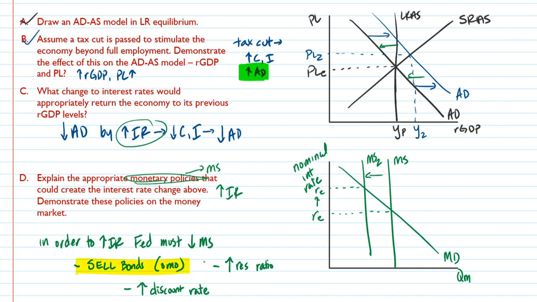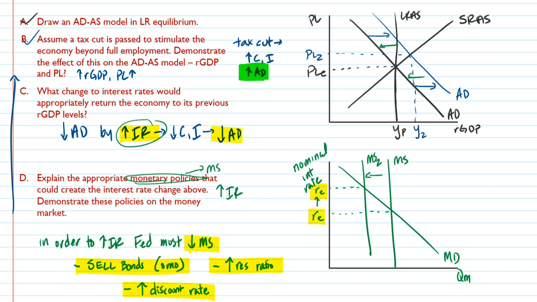All three of these policies would decrease the money supply, and then as we look here, decreasing the money supply would increase our interest rate, and increasing our interest rate can drive down aggregate demand. Most of the time when we talk and think about monetary policy, we move this direction, kind of from D back to part A. Monetary policy, change in money supply, interest rates, to aggregate demand.